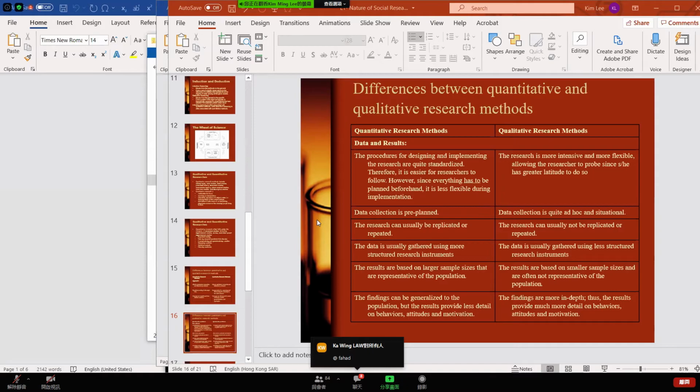For example, the informant may not answer honestly. That means you need your own experience to get the real truth, the real facts, from your interviewees, from the informant. The informant may lie. So this is why you need to be flexible.